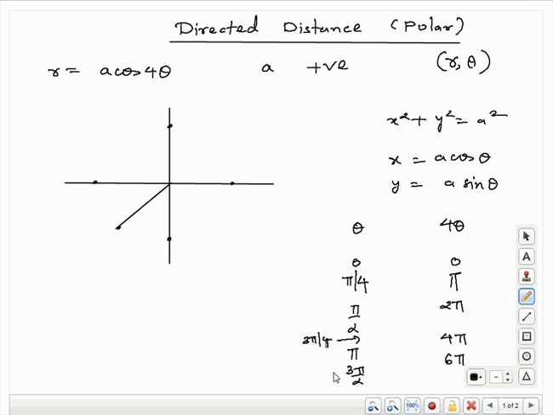Minus 1 means directed distance will be reversed. So 3 pi by 4 point would have come here, but it is minus 1. So it must be reflected by 180 degree. Like this.